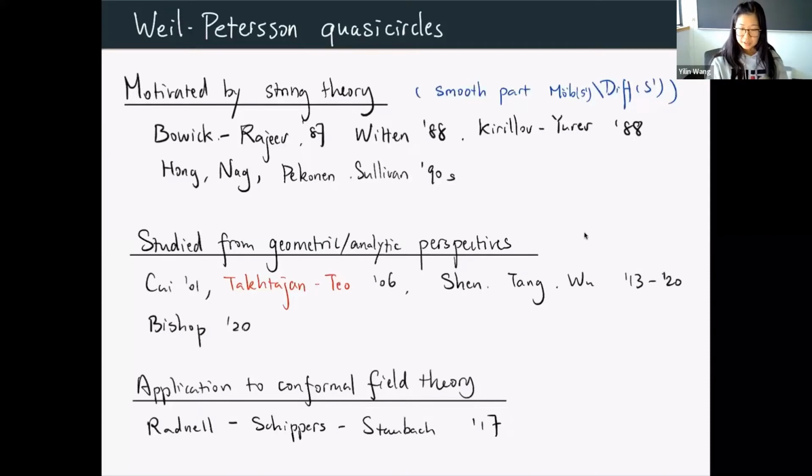Also, as Dr. Dantel mentioned, and also recent work by Chris Bishop, which gives a lot more geometric characterizations of these curves. And Radnell, Schippers, Staubach propose that in order to make sense of the Segal conformal field theory, one needs to use Weil-Petersson homeomorphisms in order to glue surfaces together. So this is a very essential building block in their conformal field theory.